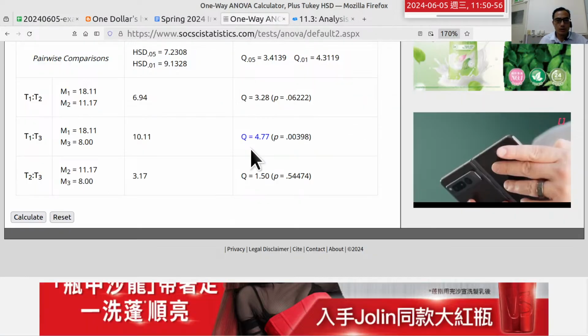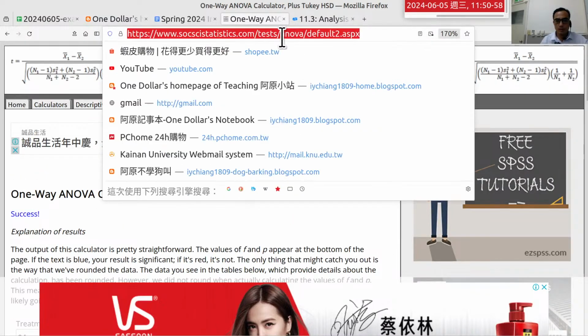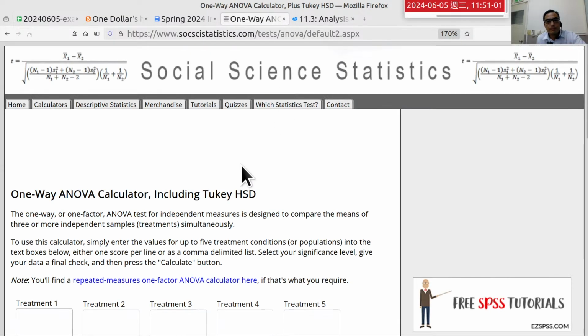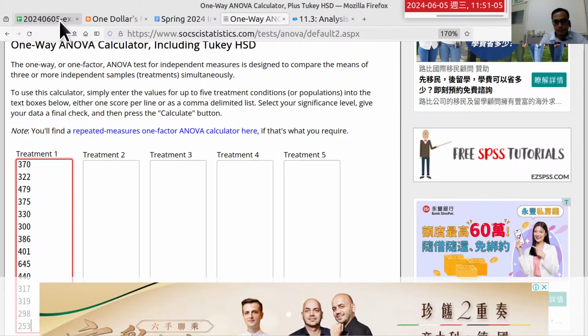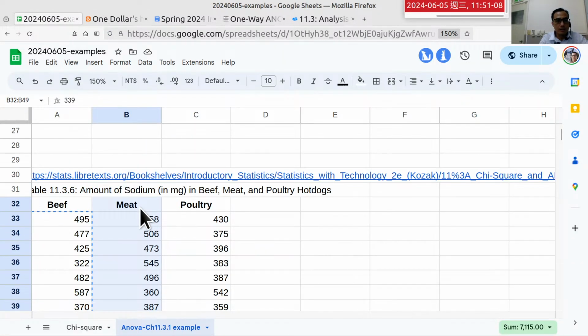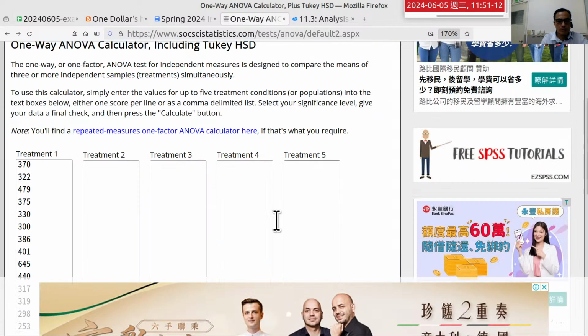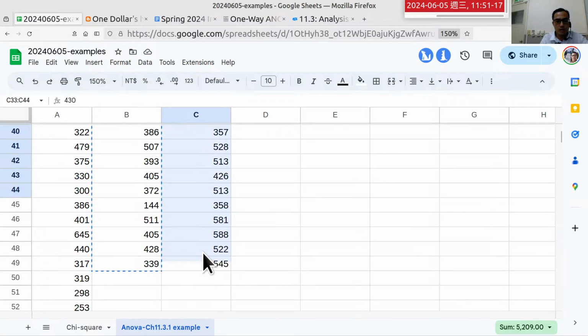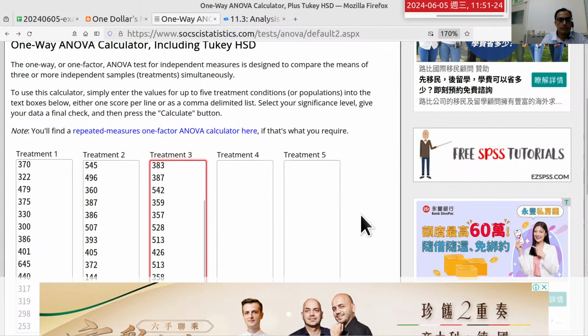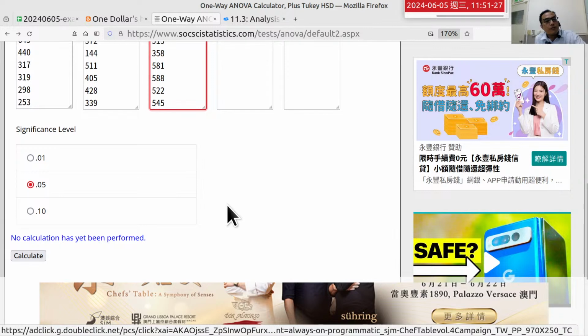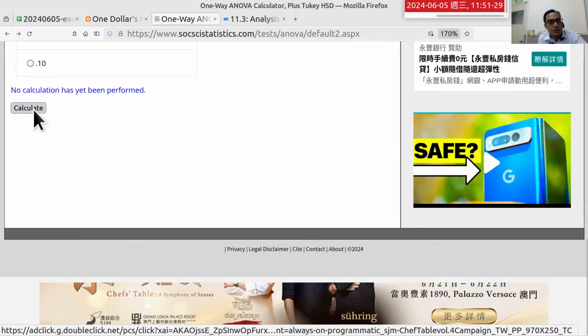Copy to the website. Here is the beef. Here is the pork. And here is the poultry hot dog. Then, yes, set a 5% level and click calculate.